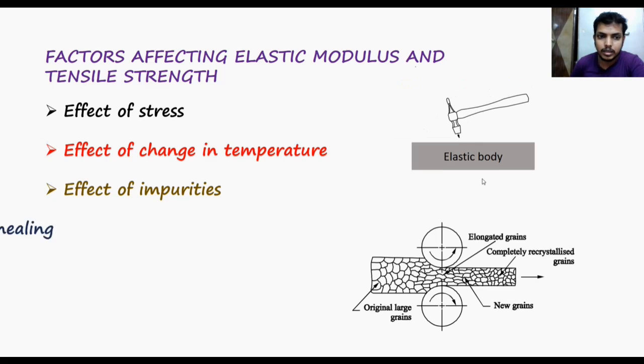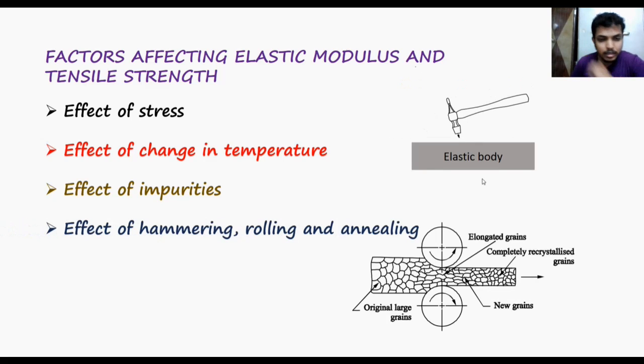Those are the examples. And then other things like hammering, rolling and annealing also change it. When we do that, bigger grain sizes will have less elasticity and more brittleness. When it goes to smaller grain sizes, it will be more elastic, with higher Young's modulus, and the material will have high strength.